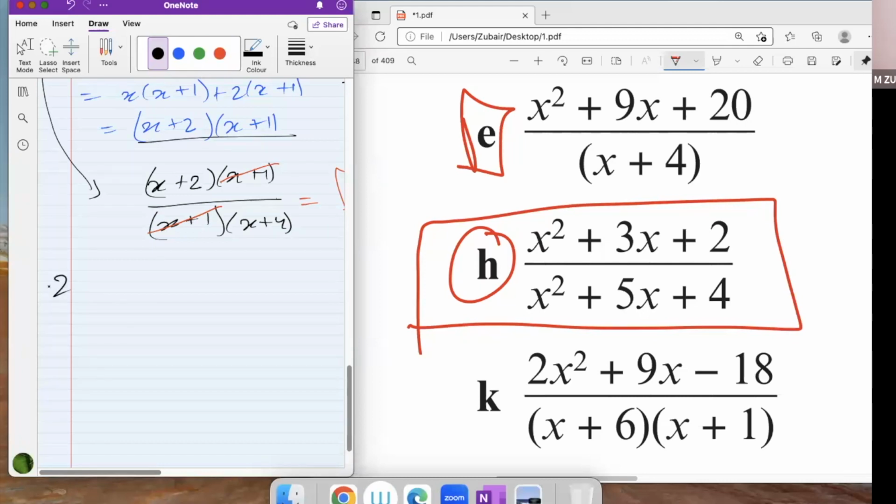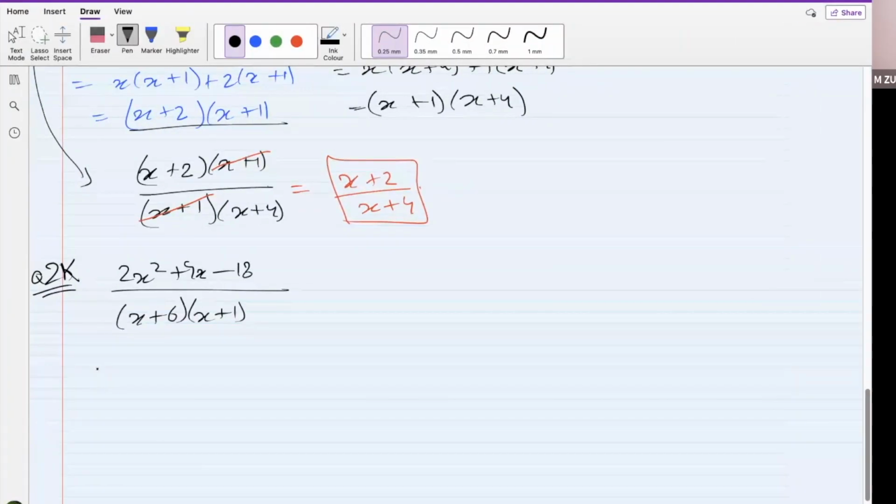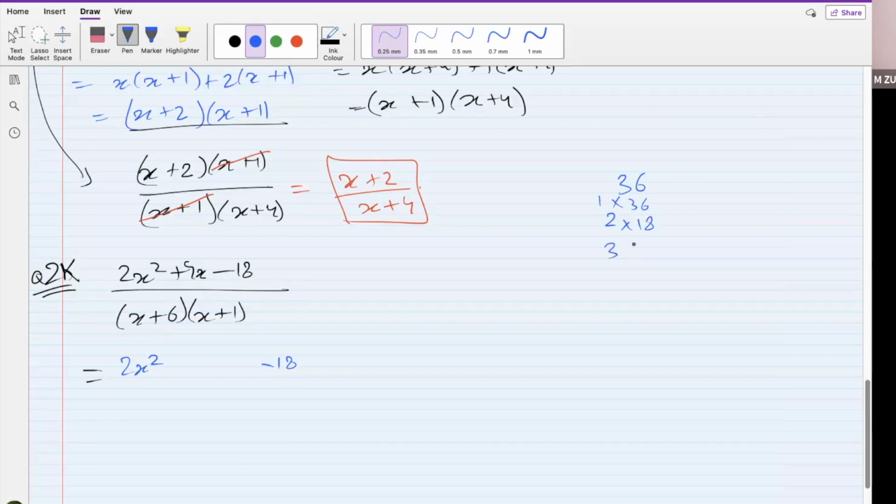Okay, question 2K. This is 2x square plus 9x minus 18 over x plus 6 times x plus 1. So middle-term breaking in the numerator: 2 into 18 is 36, 2x square minus 18, and 36 is 1 into 36, 2 into 18, 3 into 12.